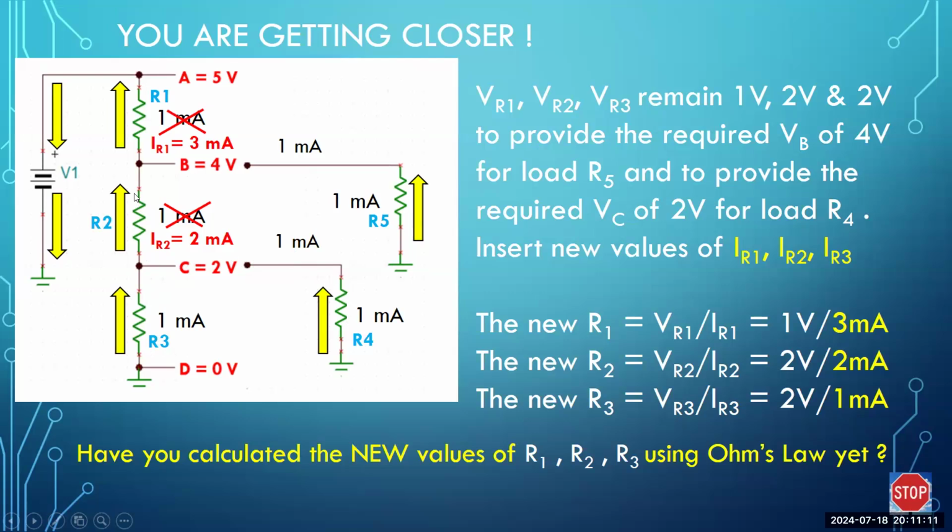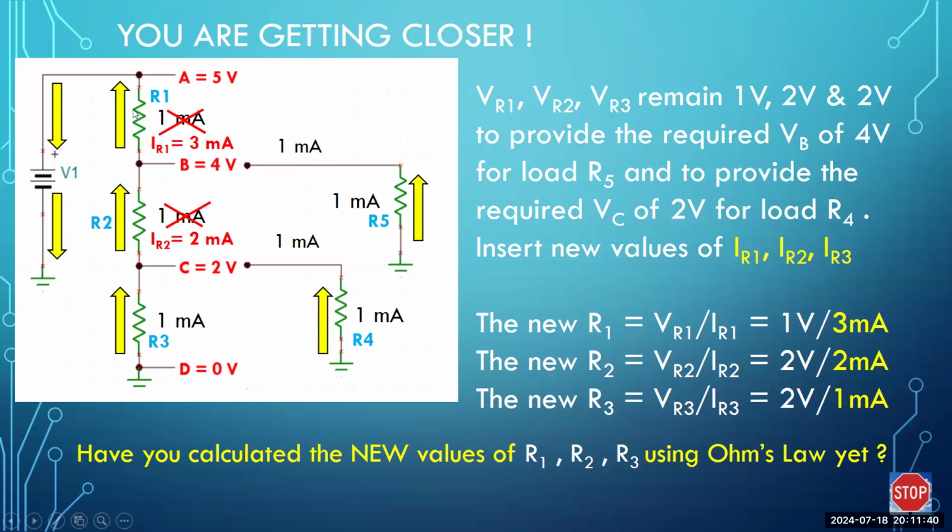And then that in turn flows into node B, where we have 1 milliamp flowing from R5 into node B, and we have a new 2 milliamps flowing up through R2 also into node B. So nodal analysis said the 1 milliamp from the right and the 2 milliamps coming up must add together to give you 3 milliamps through R1.